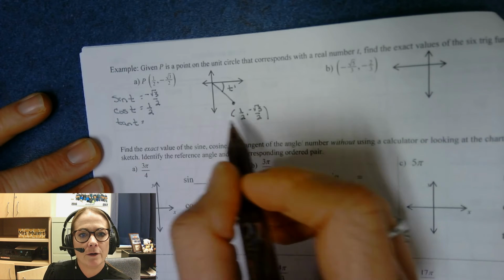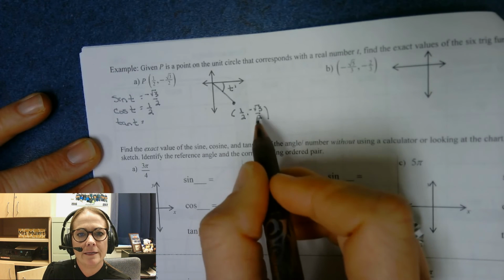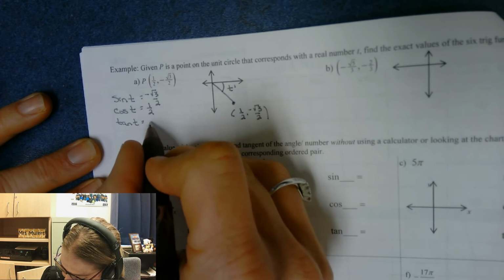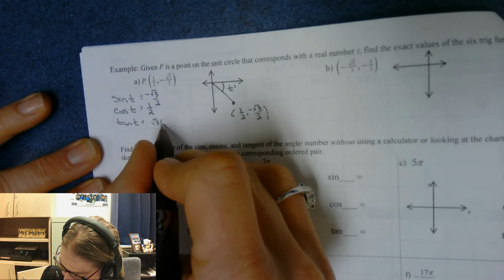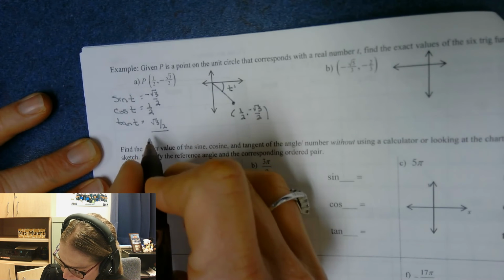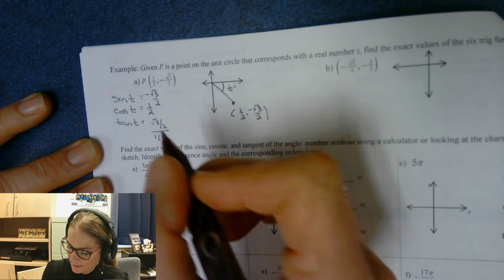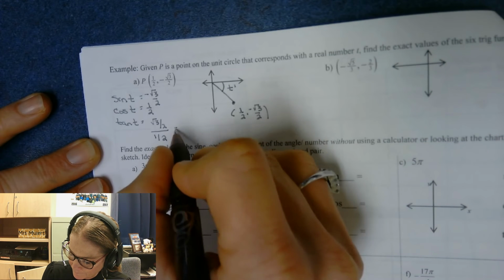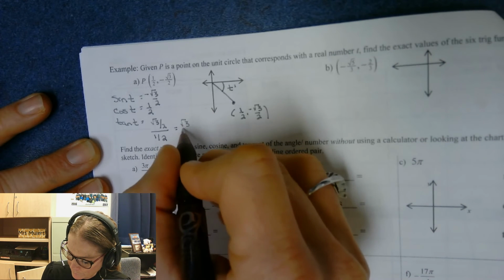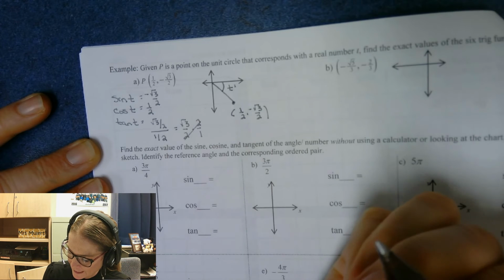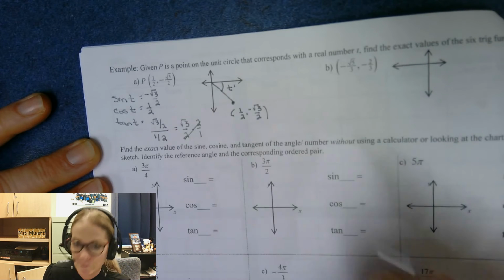Or if you do negative root 3 over 2 over 1/2, think about what happens when you flip and multiply. This is just going to be root 3 over 2 times 2 over 1.